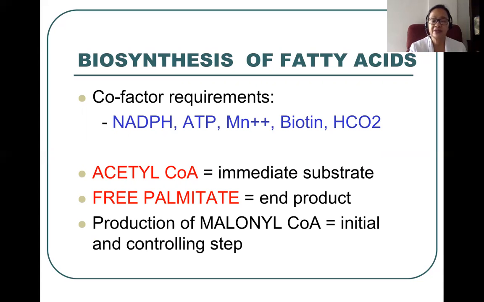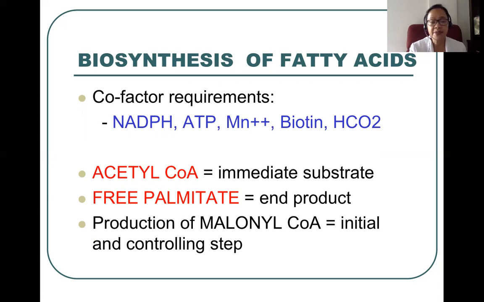For every process, there are usually cofactor requirements. Biosynthesis of fatty acid requires the following cofactors: NADPH and ATP. Therefore, your synthesis requires energy. Manganese is also one of the cofactors, along with biotin and bicarbonate.